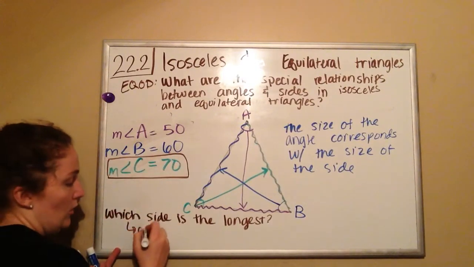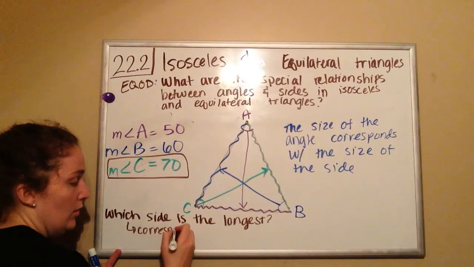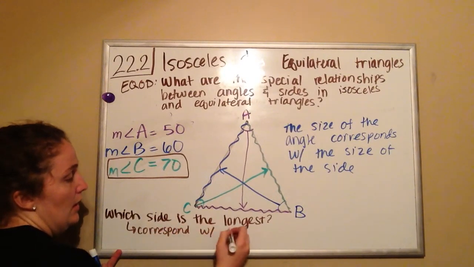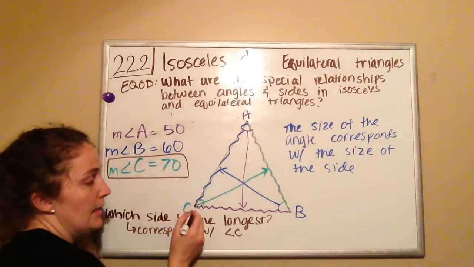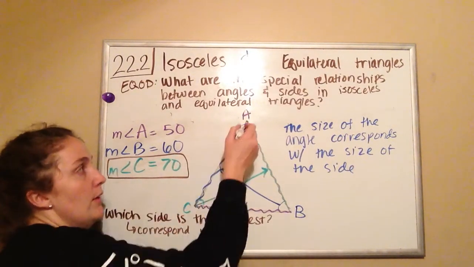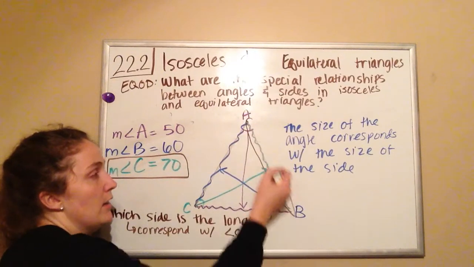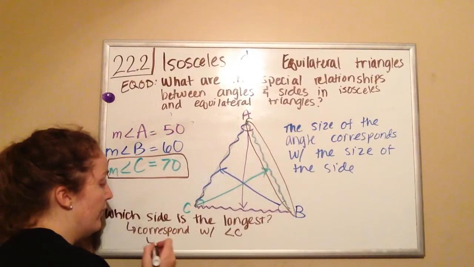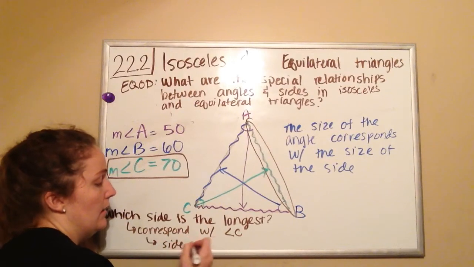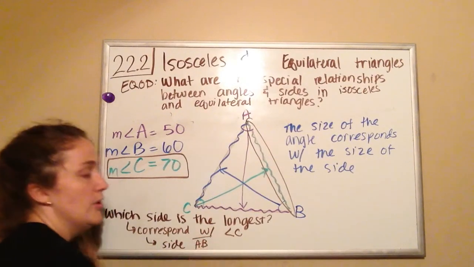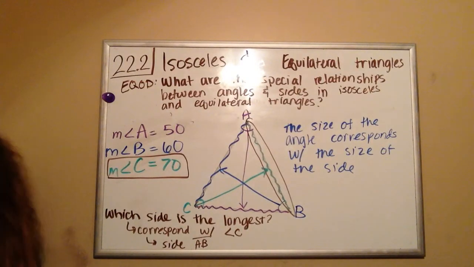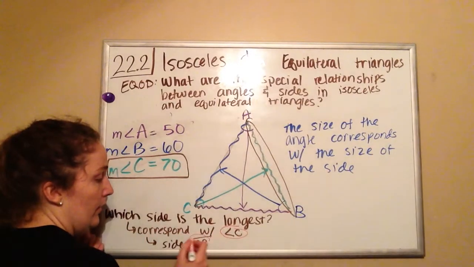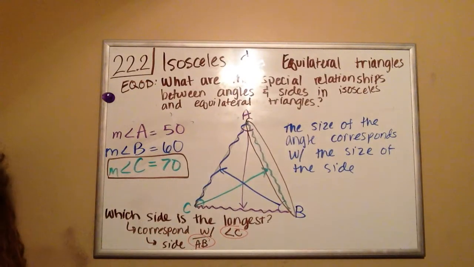So this would correspond with angle C, which when we look at our diagram means that it's going to be opposite of C, which means that it is this side right here, which is interestingly enough side AB. So notice that even though it corresponds with angle C, right, noticing the letter C, the side does not use that letter.